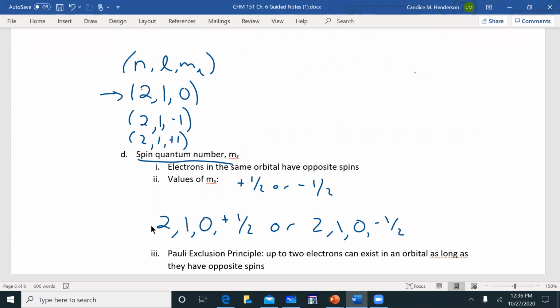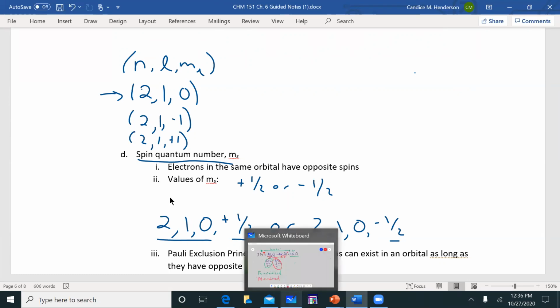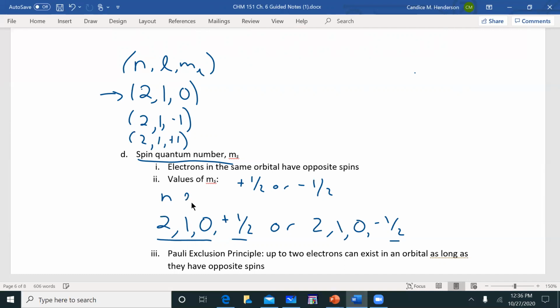For each orbital description you'll have either the plus 1/2 or the minus 1/2 option, because each orbital holds a total of 2 electrons. So this would be our n, this would be our l, this would be our ml, and this here is our ms number.